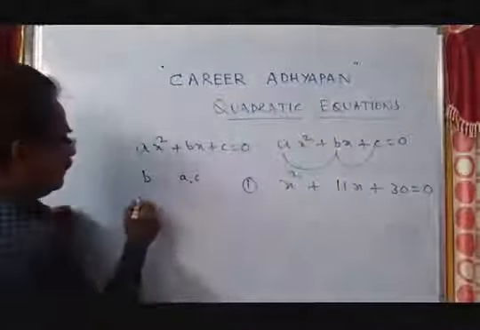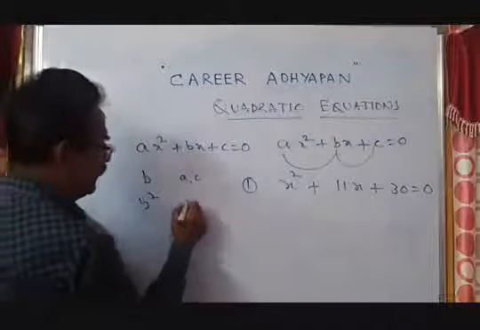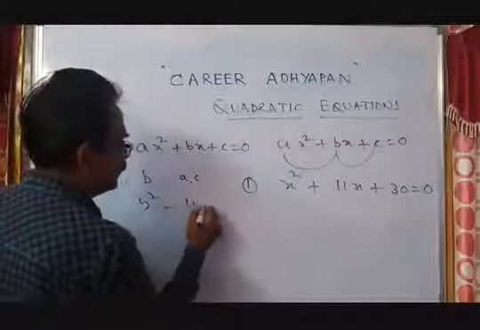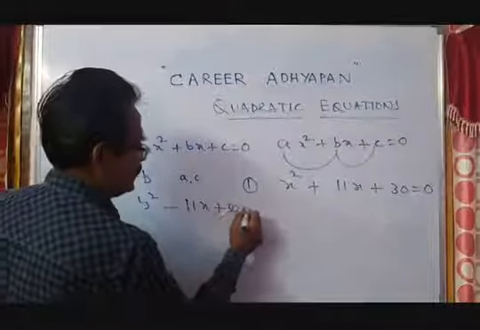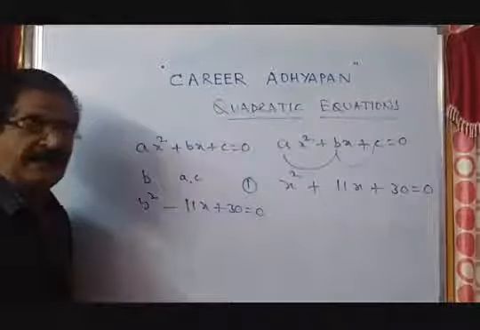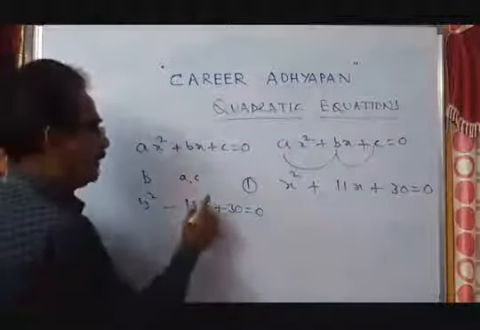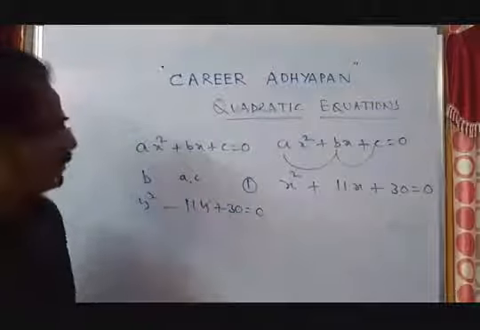For example, y square minus 11y plus 30 is equal to 0.